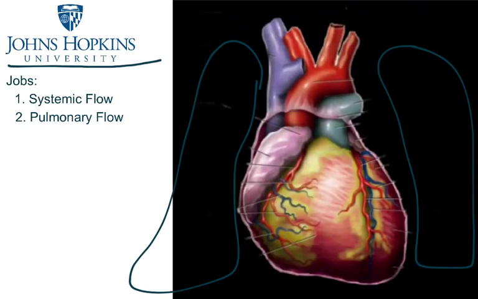But this isn't actually the only job of the heart. The second job of the heart is actually also in this picture, and I redrew my lungs here, it's actually called pulmonary flow. So pulmonary flow. So what does that mean? Well, we know that cells are expecting oxygen, right? We know this.